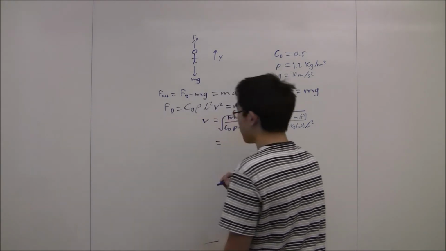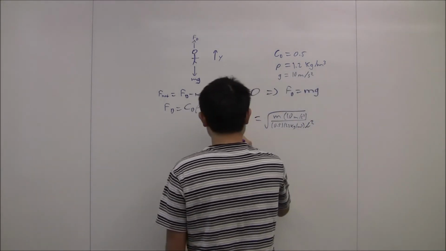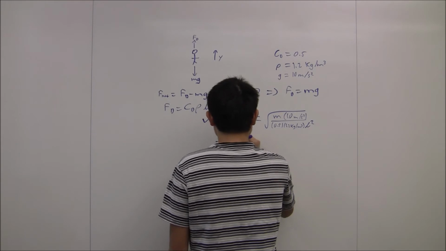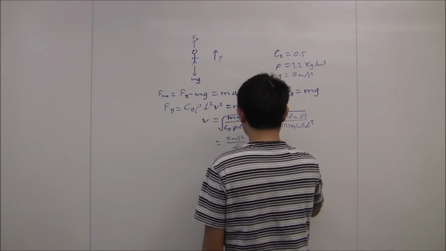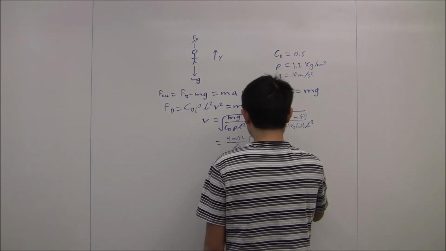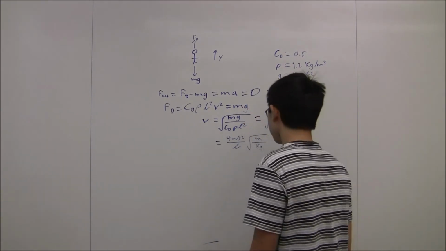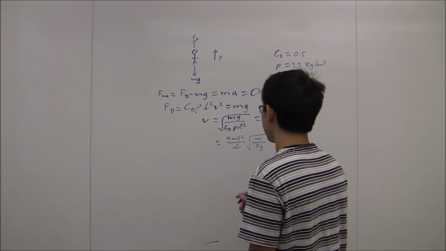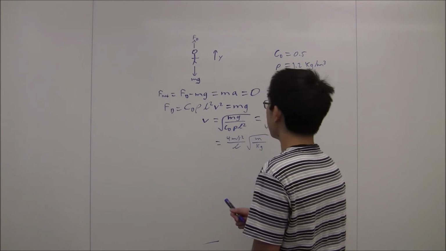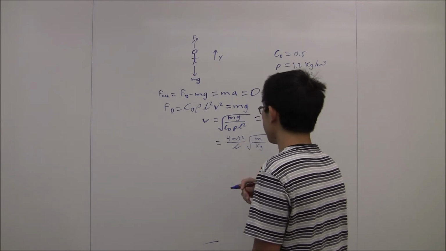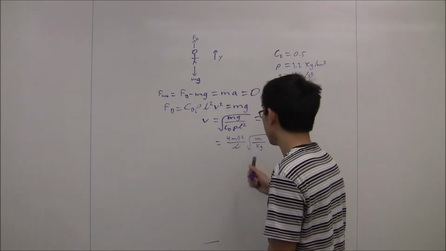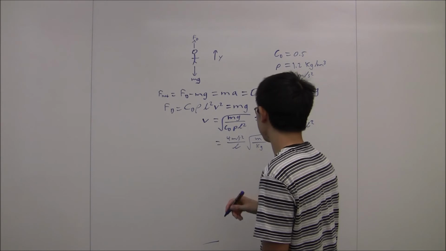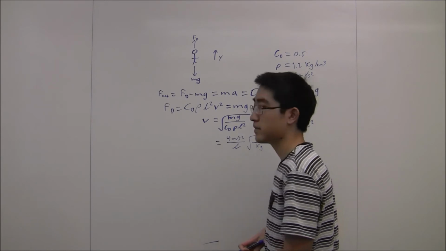And if we simplify everything, we're going to get that this is equal to 4 meters per second squared over L times the square root of little m over 1 kilogram. So now we have an expression for the final speed of the person in terms of their mass and the typical linear dimension. So now we have to figure out what values to substitute for m and L.